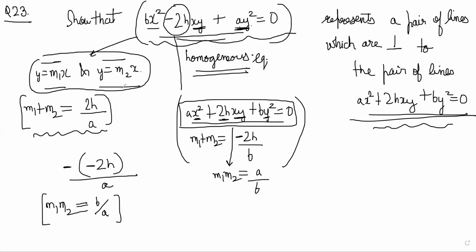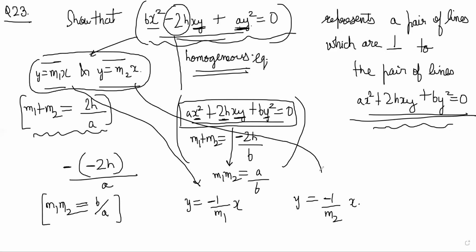So if I make new lines which are perpendicular, I will get one line like this, minus 1 by m1 x, and another line like this, minus 1 by m2 x, right? These will be two lines that are perpendicular, no? So your m3 and m4 will be basically the slopes of these two lines.